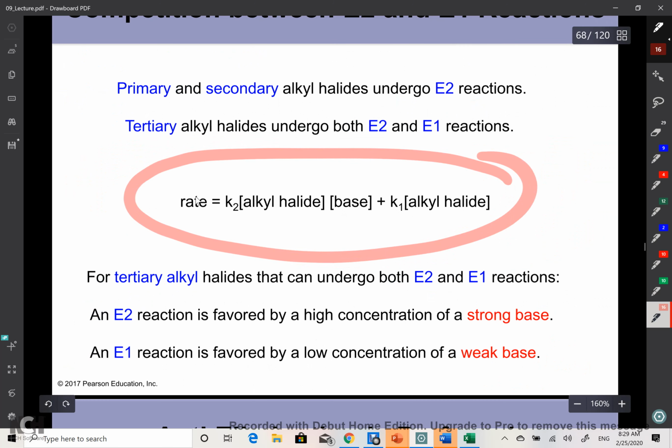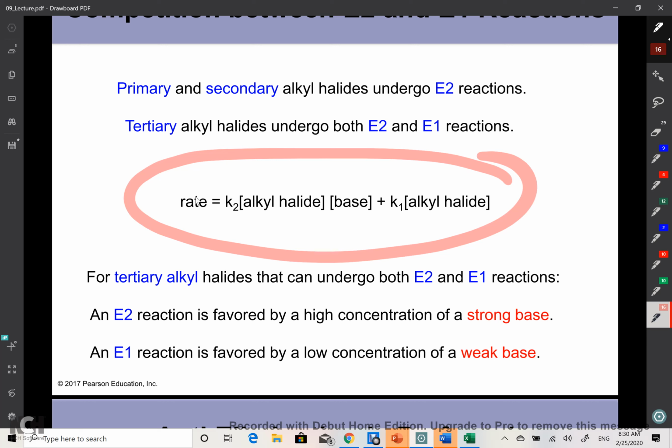Now, for a tertiary alkyl halide, which can undergo both reactions, either an E1 or an E2, the E2 will be favored if you have a high concentration of a strong base. Remember, strong bases are these bases with negative charges.